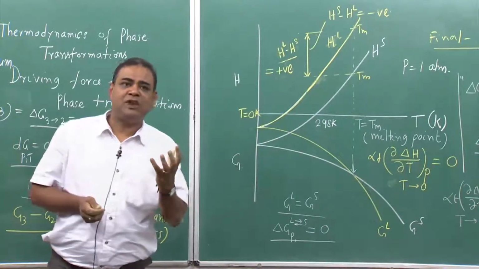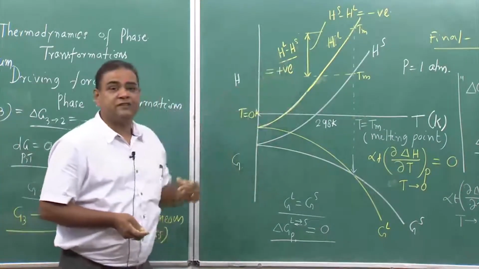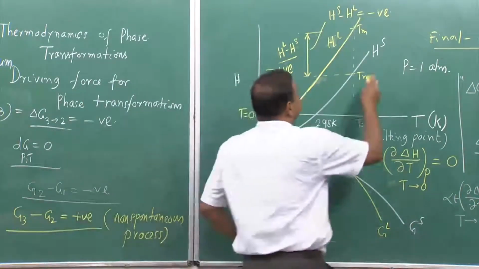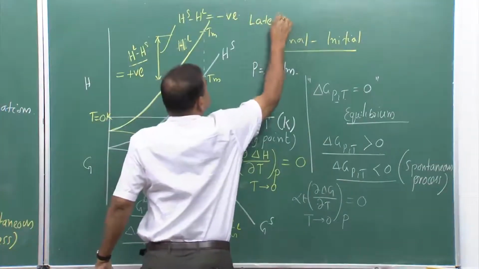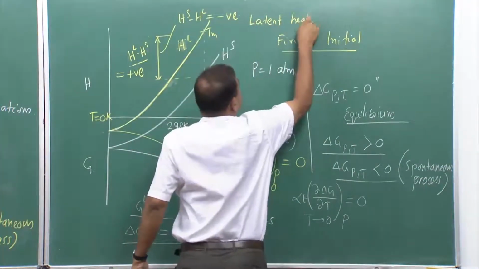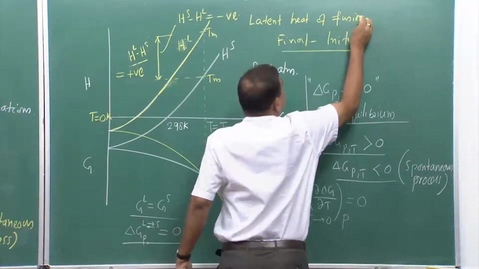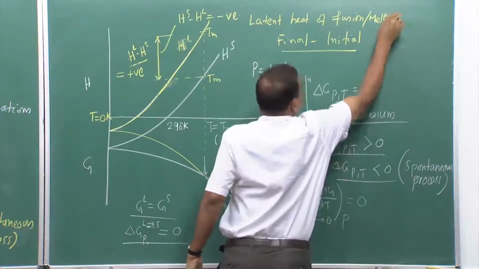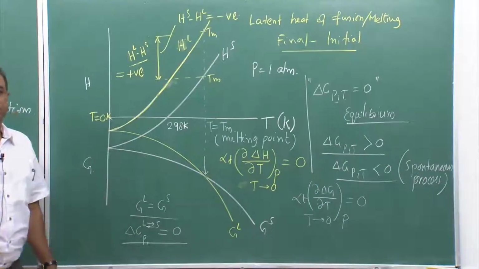This is possible at the melting point, and that particular difference, we all know, is called latent heat of fusion or melting if solid goes to liquid.